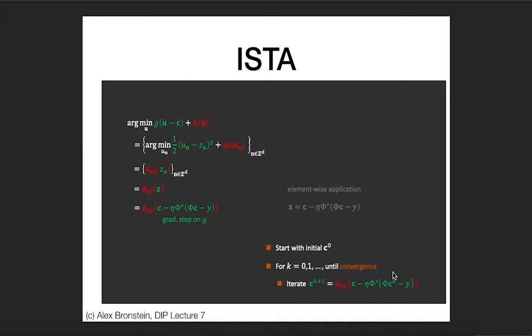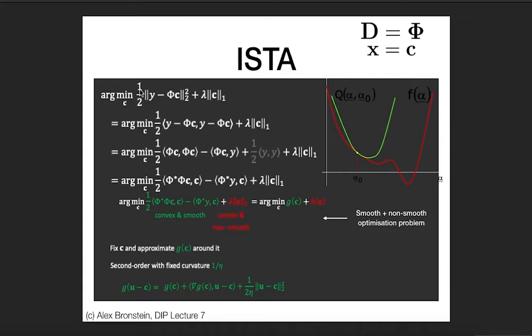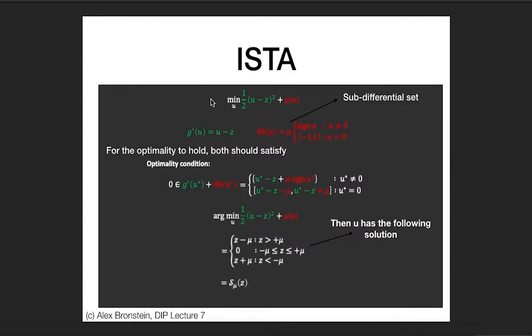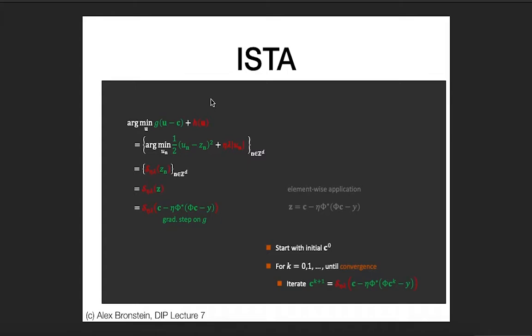First you take a gradient step over this objective function, and then you do a shrinkage, accounting for this one. By shrinkage I mean you just do a thresholding. If it's between minus mu and mu, you replace it with 0. If it's above mu or below minus mu, you replace it with x minus mu, or minus of mod of x minus mu, right? So that's what we end up with.